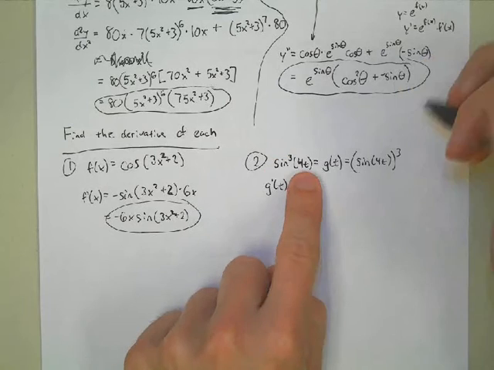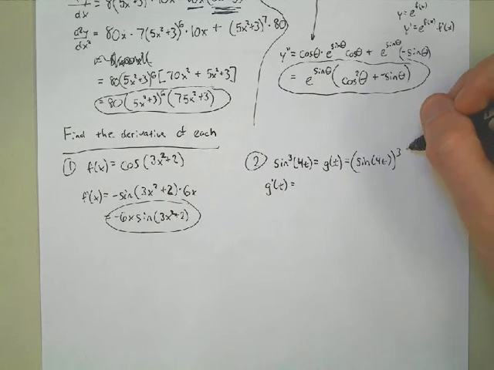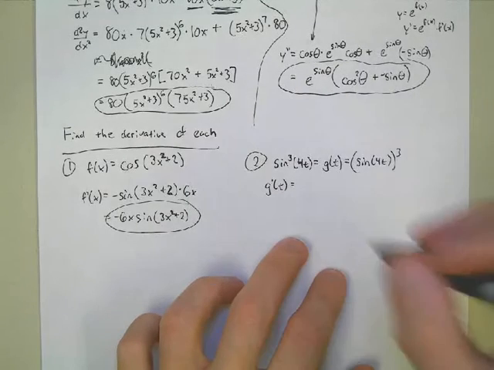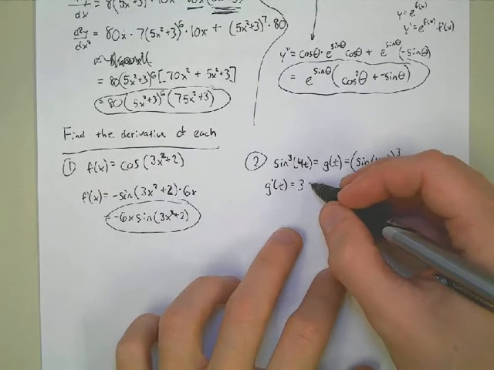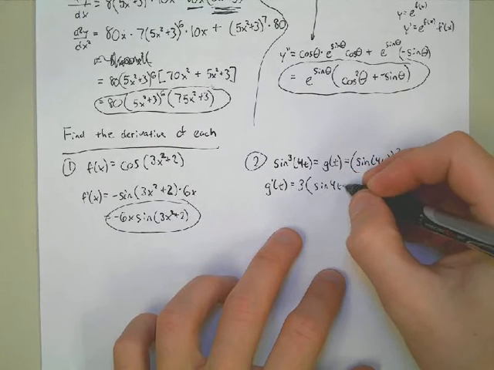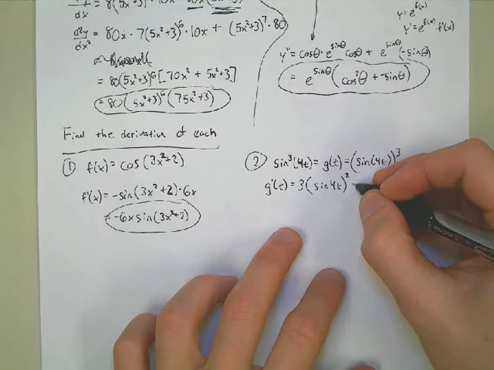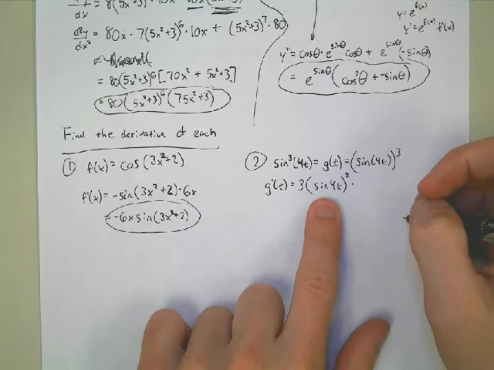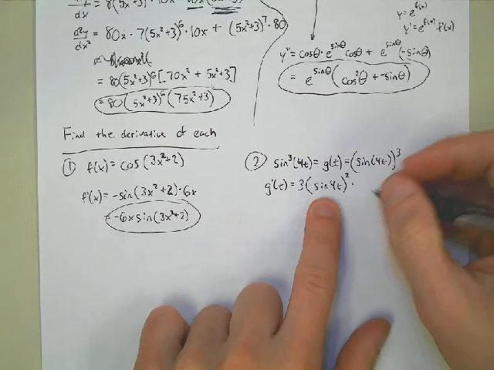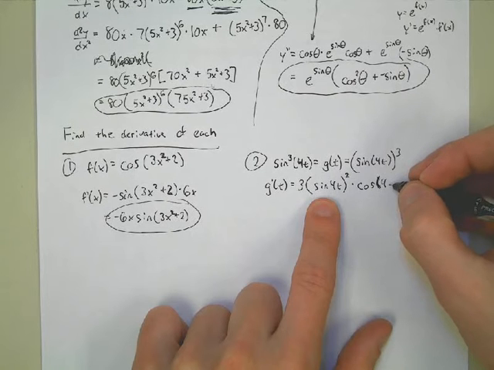How do you take the derivative, Josh, of something cubed? Bring the 3 out front, leave what's inside, and then what's the new exponent going to be? 2. Then we multiply by the derivative of what's inside. Okay? Cosine of 4t. Again, because the 4t is inside, we're going layer at a time.